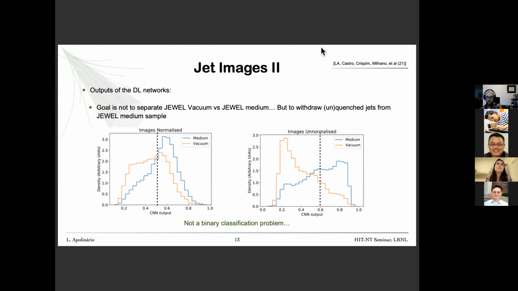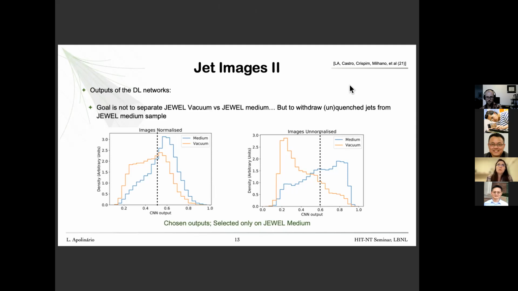So I selected 0.5 as the value of the criterion given by the CNN trained on normalized images, and 0.6 for the training on unnormalized images. But one thing is for sure: it seems from these plots that the absolute information given by the number of constituents of the jets and by the pT of the jet is already important to maximize the difference between these two samples.